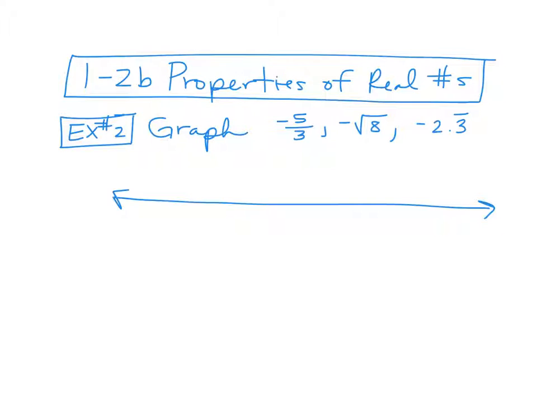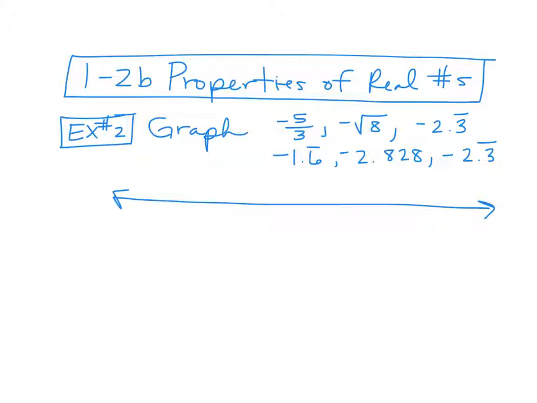So -5/3, if you do 5 divided by 3, that's -1.6 repeating. The square root of 8, hopefully you all have calculators at home, is 2.828, we'll call it. And sorry, negative 2.828. And then this last one, -2.3 repeating.